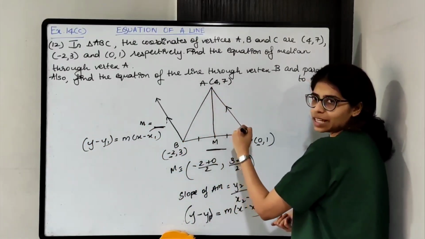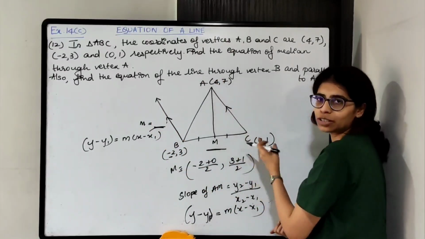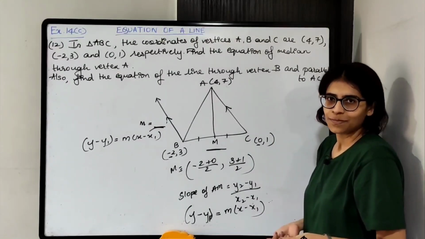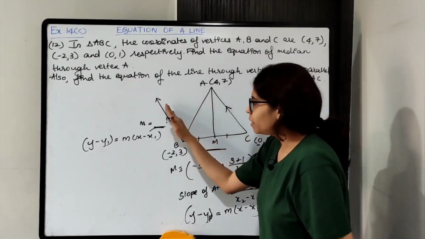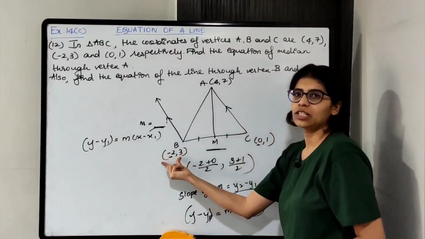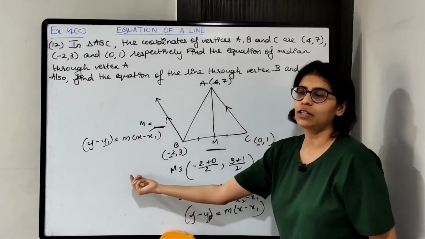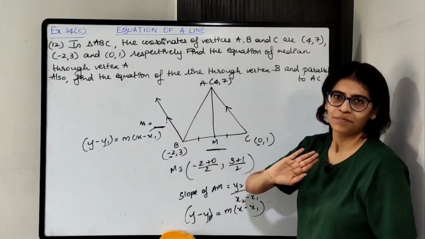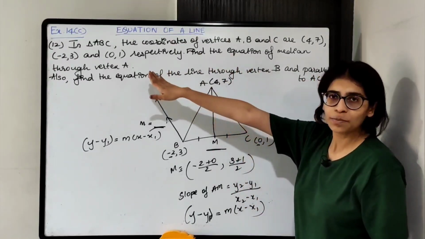Once you find slope of AC, it's easy to find slope of this line. So AC का slope find करना भी बहुत easy है, y2 minus y1 upon x2 minus x1. Okay, मिल जाएगा. Slope मिल गया तो इसका slope मिल गया, m मिल गया. And x1 y1 is nothing but the coordinates of the point B. वो put करेंगे, m का value put करेंगे and we'll get the equation of the line parallel to AC and passing through B.